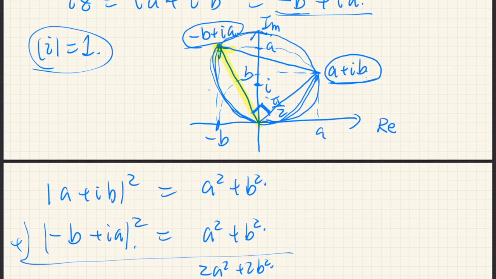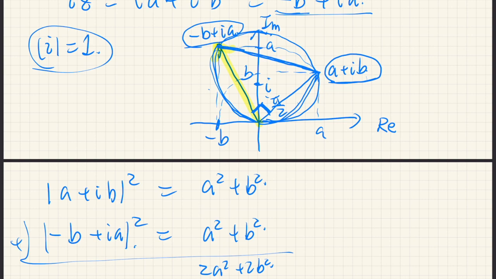Now, what is the length of this edge of the triangle? Again, here we use two-dimensional geometry. This point has coordinates (a, b), and this point has coordinates (negative b, a).